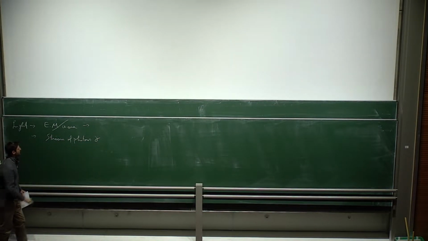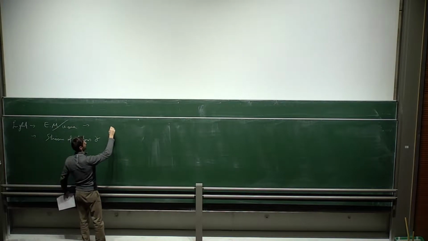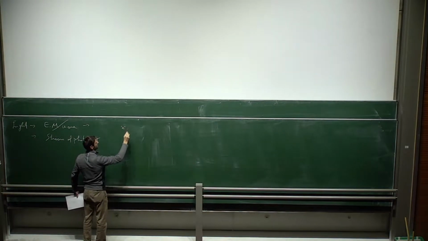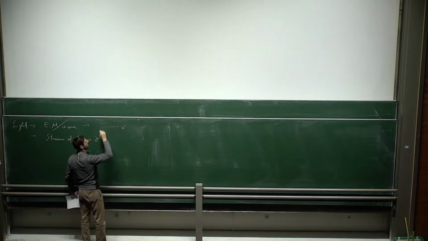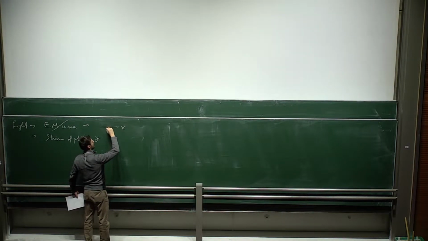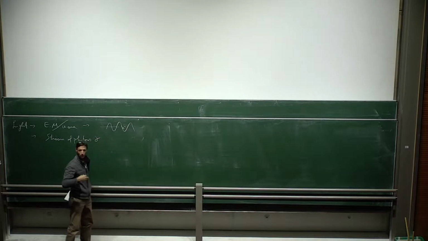And in this way of thinking, if we had a free electron, we had an incoming electromagnetic wave, which is carrying an electric field which is oscillating.